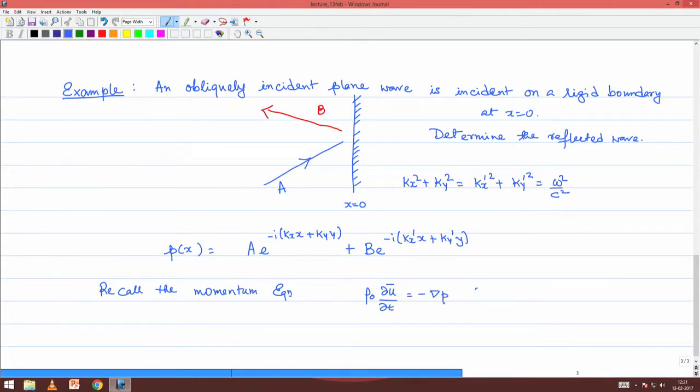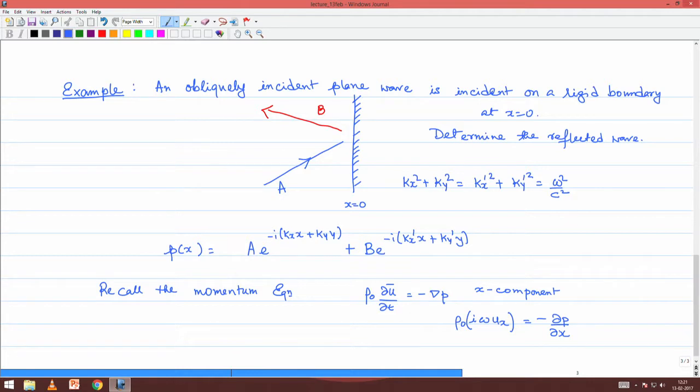So, the x component of this relation is going to read as rho naught into i omega u_x is equal to minus del p del x.